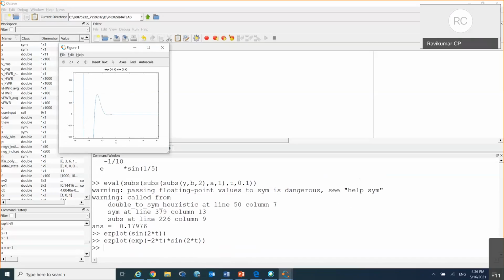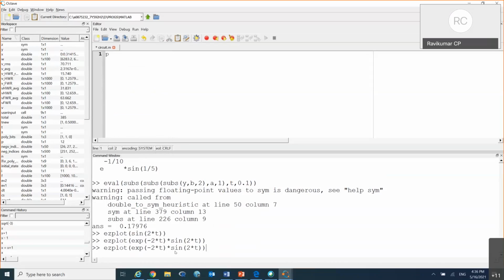So these kind of things it will do. Again, it didn't do such a great job. It took minus 6 to 6, which may not be the best region.